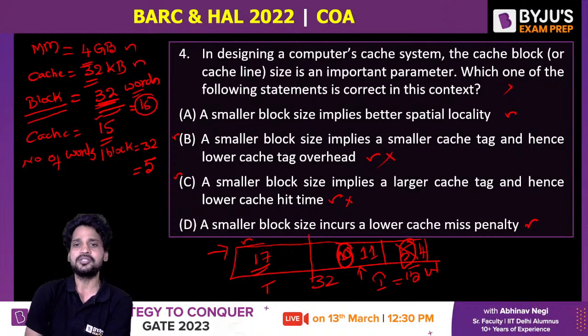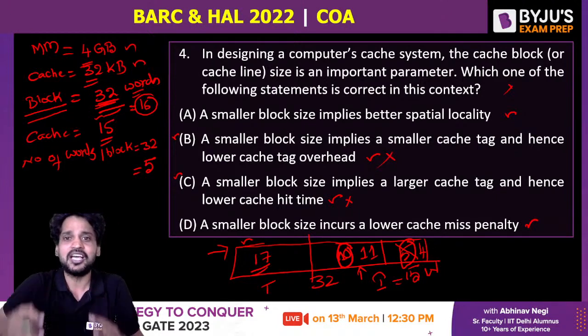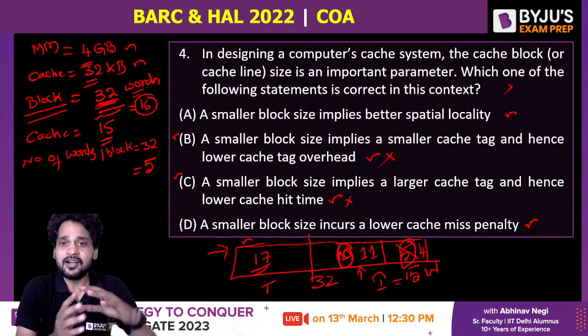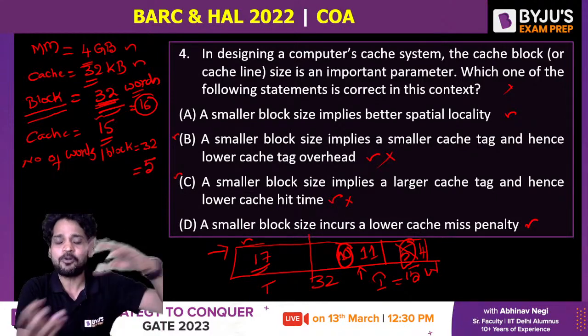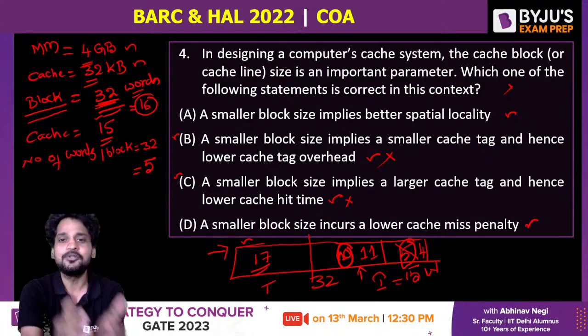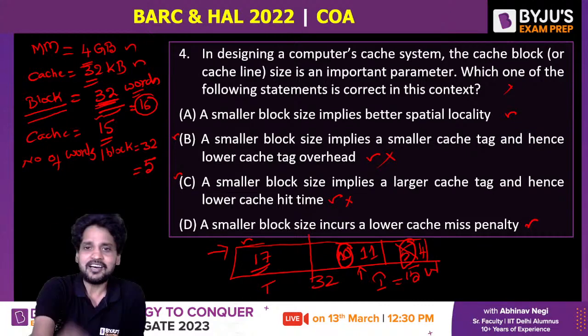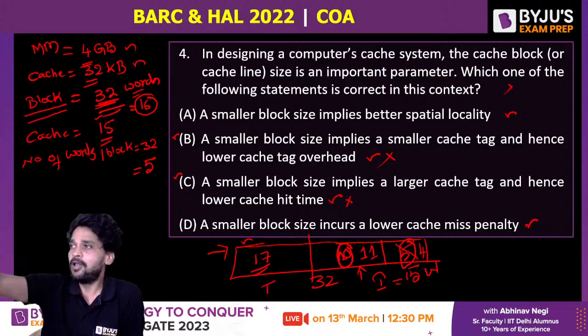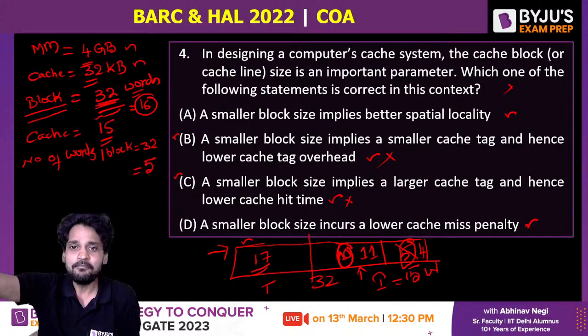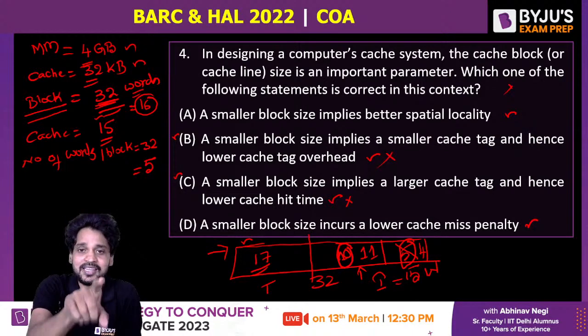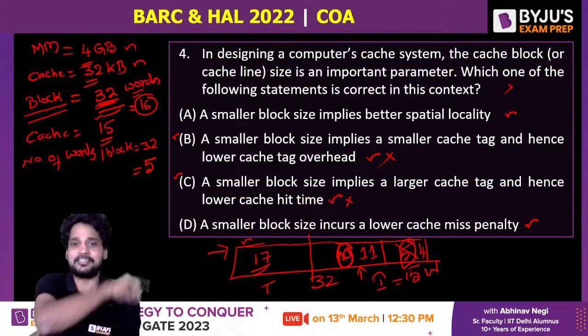So in addition to the current accessed element, the elements that are in closer proximity, please bring them from main memory to the cache memory. So spatial locality will always ask you to bring a block of words from main memory to the cache memory in which the currently accessed element is a part.